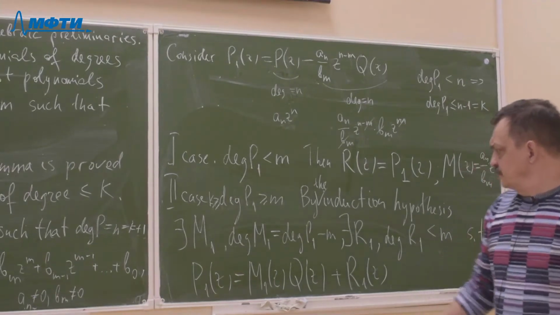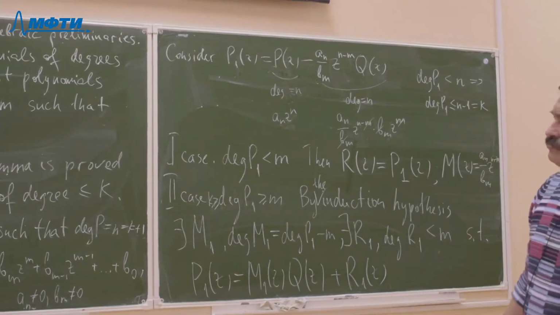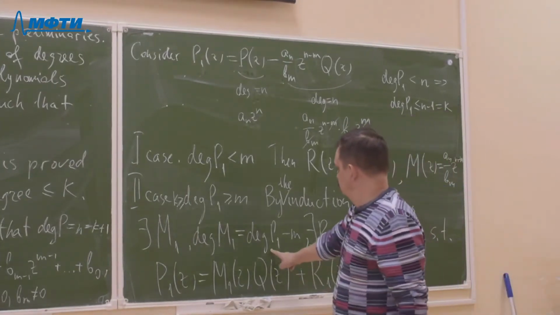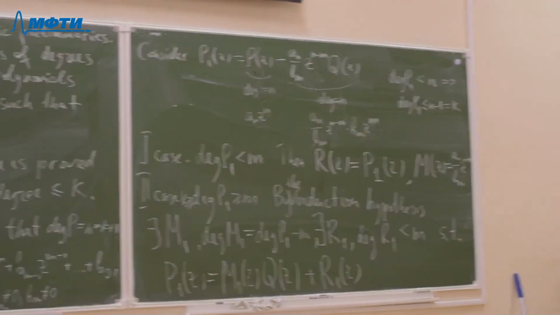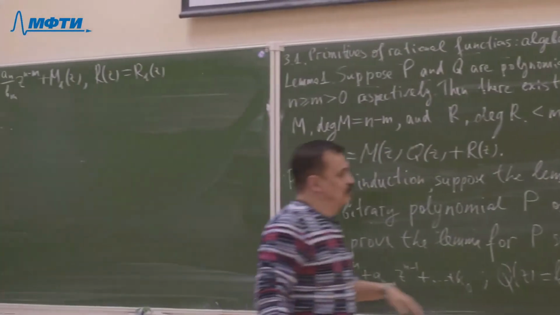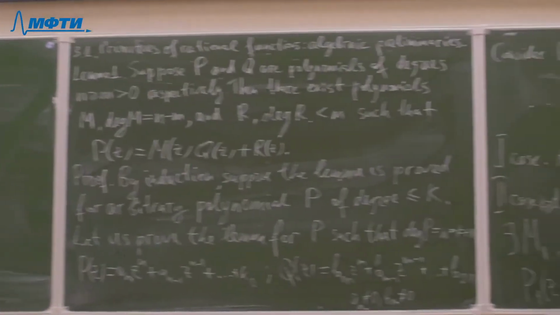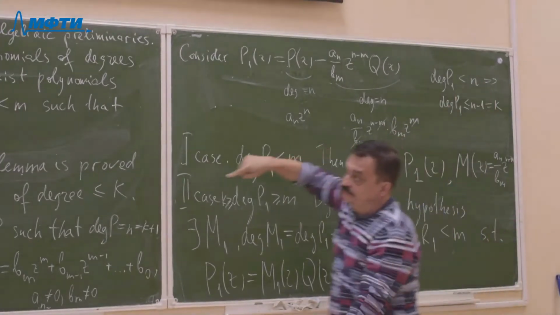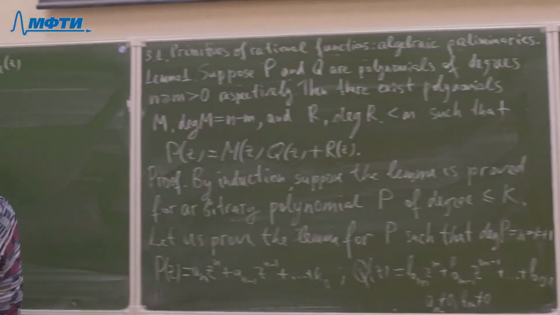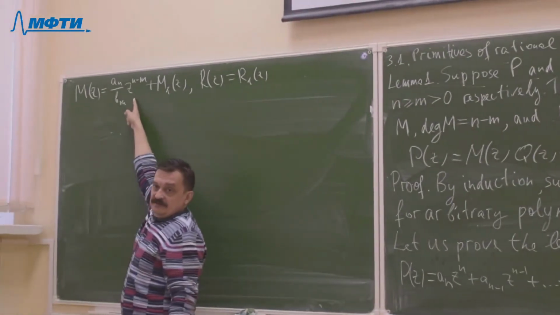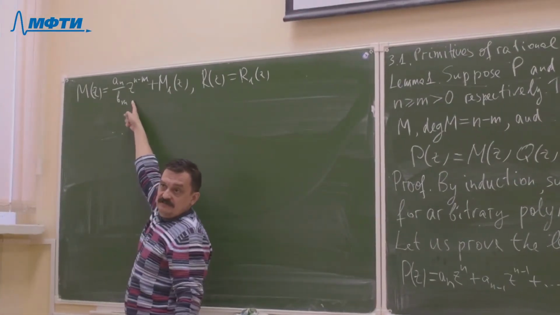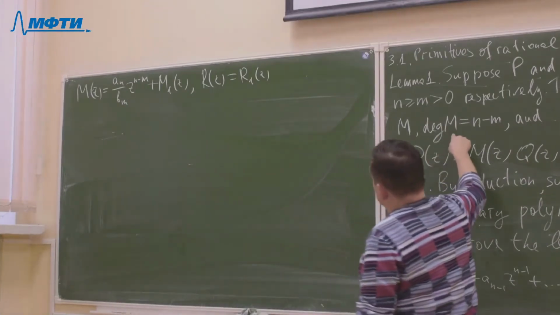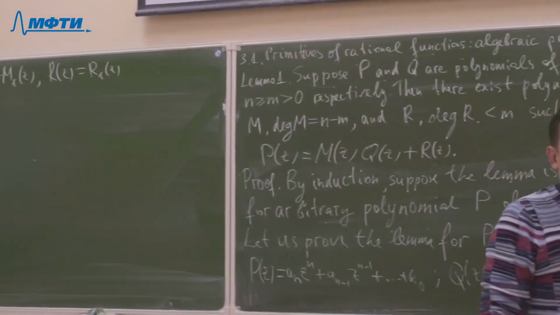And what about the degree of capital M? Degree of M1. Look, degree of P1 minus M is strictly less than n minus m, right? So M1 has smaller degree than that one, and here we have precisely degree equals to n minus m. So degree of M is indeed equal to n minus m.